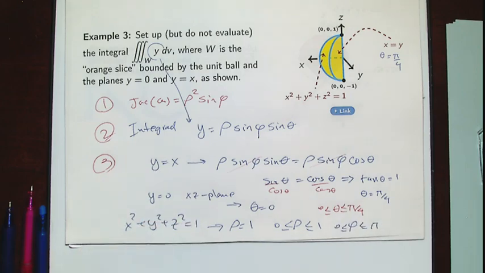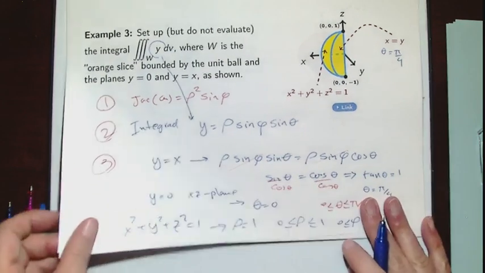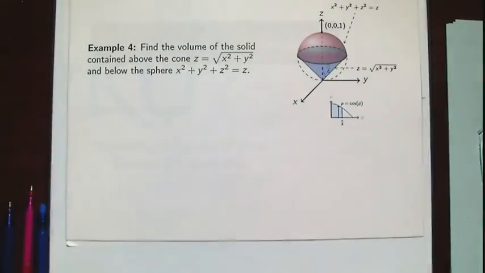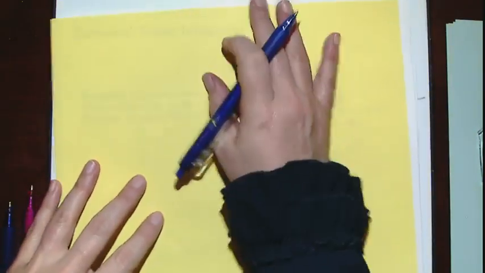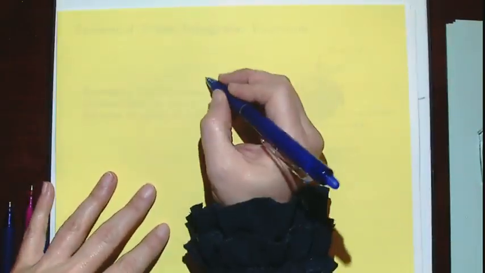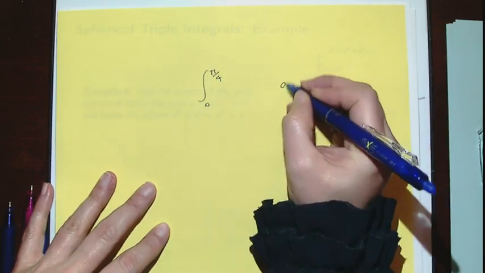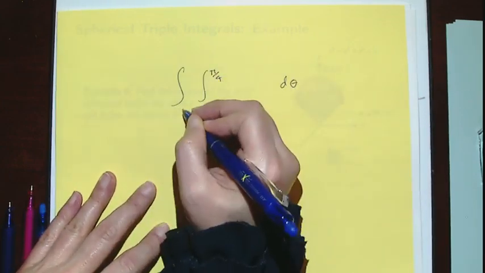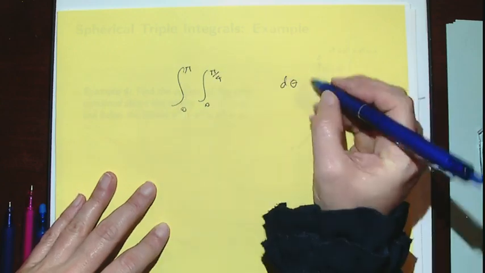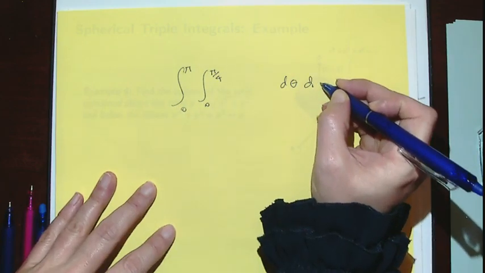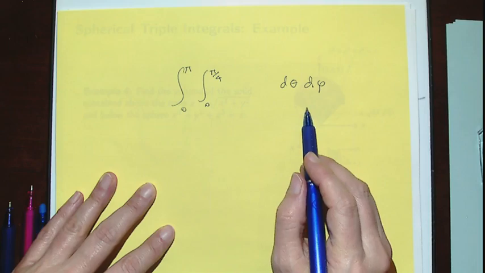All set, integrand set, let's integrate, right? I will not do a full integration, but. So the integral for theta was 0 to pi fourth. For phi was 0 to pi. Agreed?